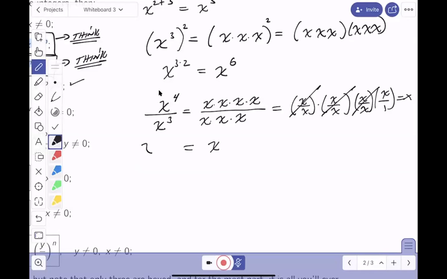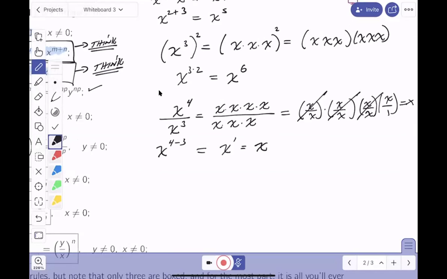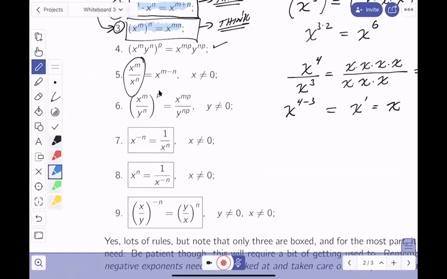What's it going to be? X. Well, there's 4 factors minus 3 factors. How many factors would you have? 1 factor, which we know to be x. All right. So I'm going to say this rule over here, you need to think.